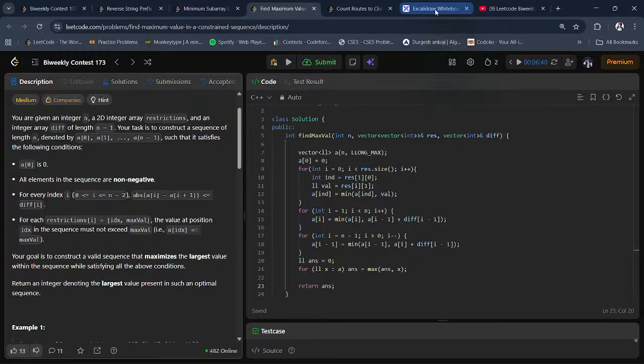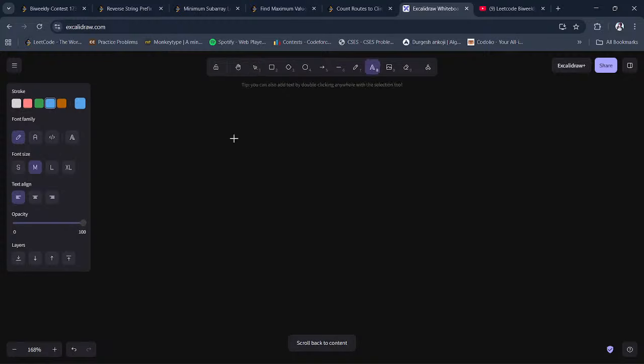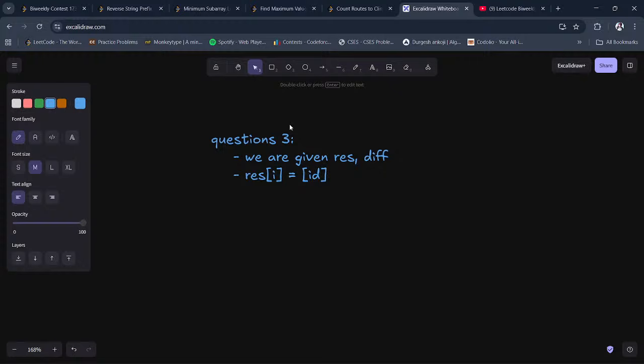I will be explaining the question again. So what are we given? Question 3. We are given restrictions and difference. Restrictions of i will have two values, right? That is index comma max value. The word says restrictions, but that means it is bounded by something.